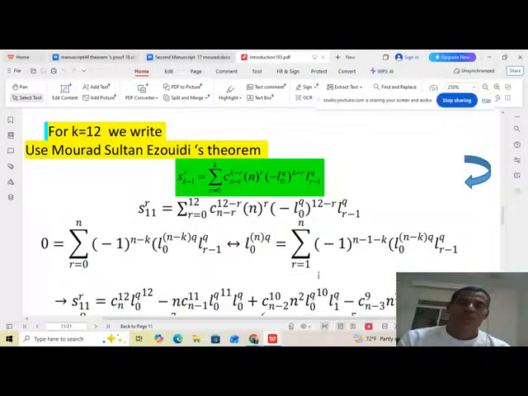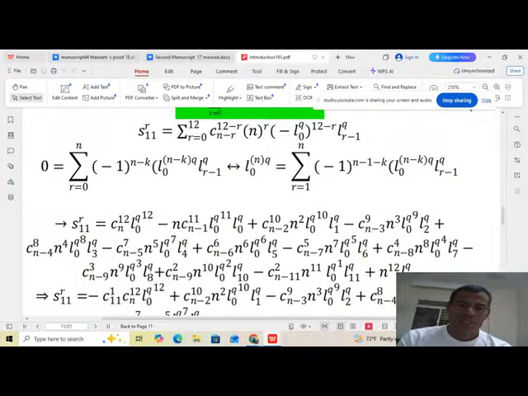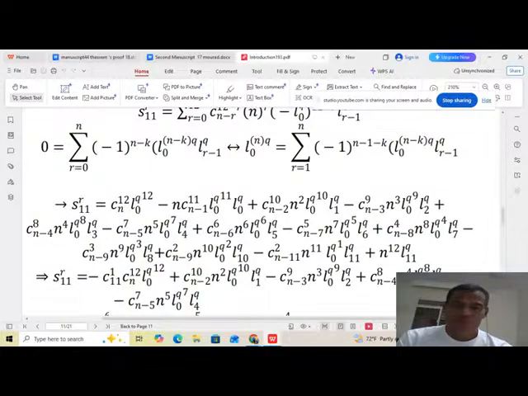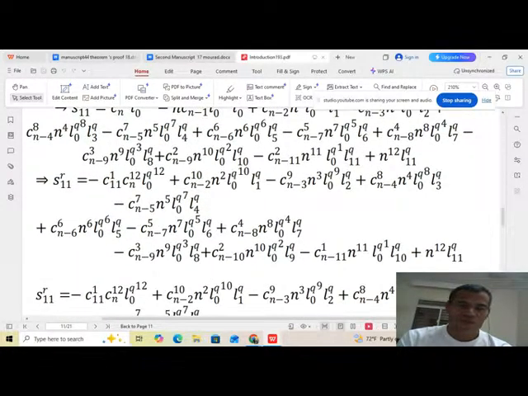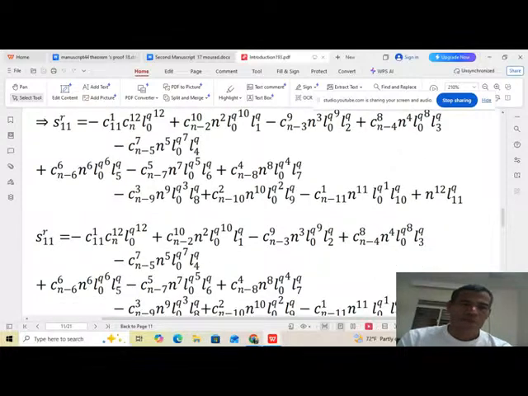So here for k equal 12, we'll write the 12th new coefficient in its lowest form, and this has been generalized to give you the 12th coefficient. So this is the formula.